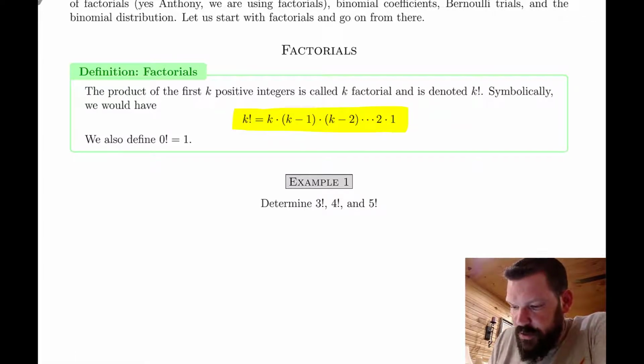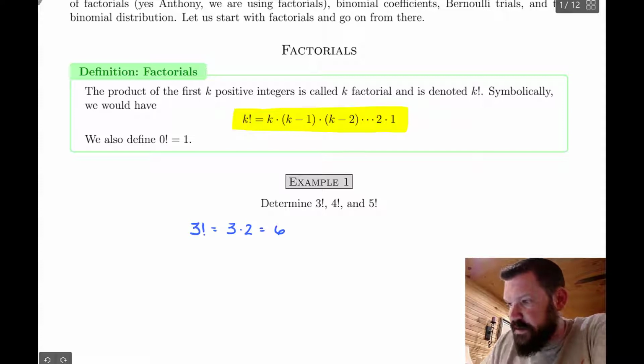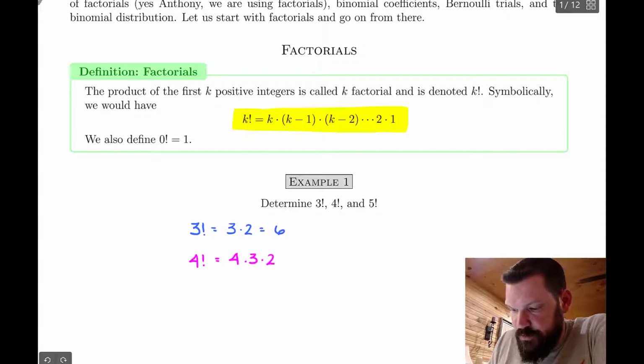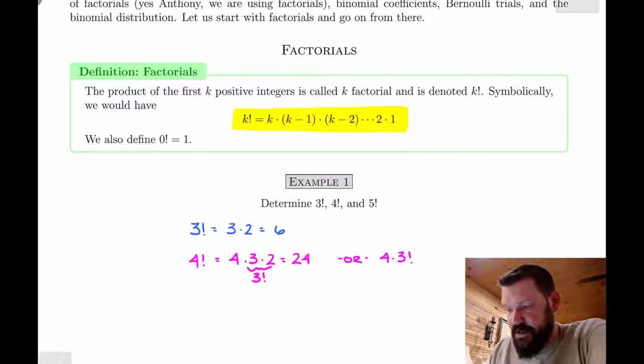So if we look at 3 factorial, that's just simply 3 times 2, which is 6. If we look at 4 factorial, that is 4 times 3 times 2, which is 24. And you might also want to note that 3 times 2 is 3 factorial. So we could express 4 factorial as 4 times 3 factorial, and we know 3 factorial to be 6. 4 times 6 is 24.